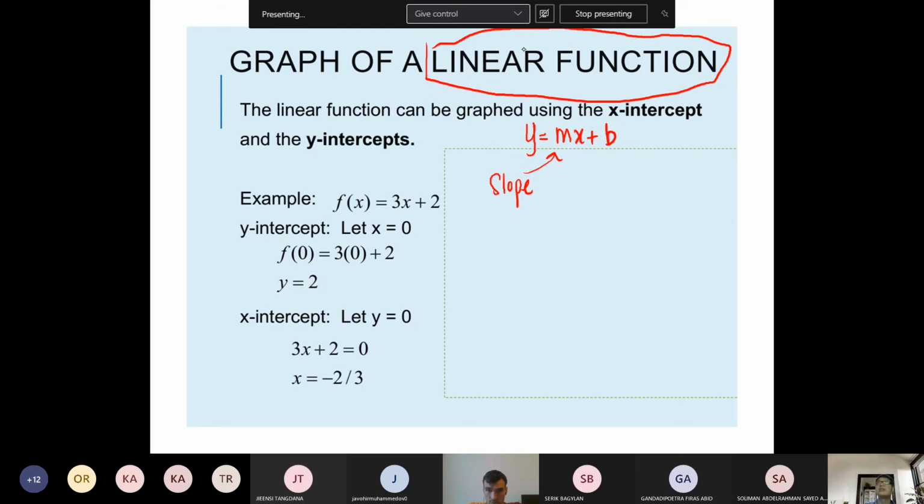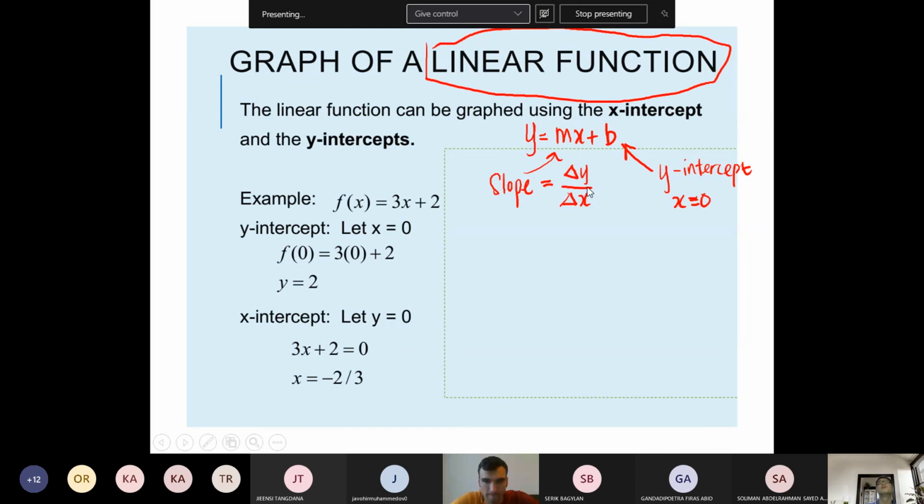And how do we find the slope? We take the difference of y over the difference of x. So what is the b? The y-intercept. At this point, at the y-intercept, what is equal to 0? x is 0.